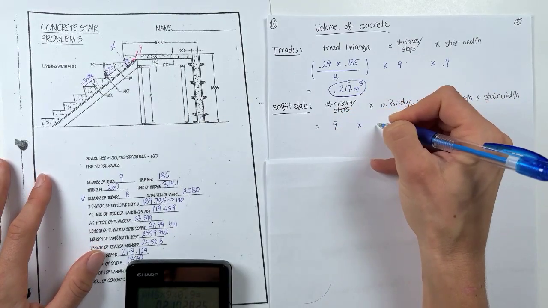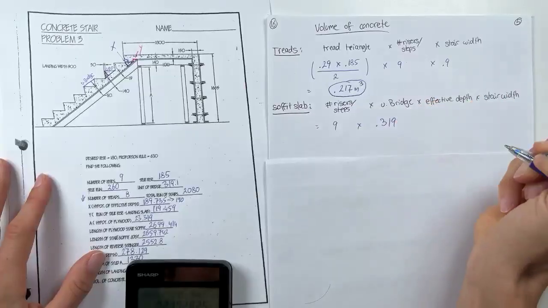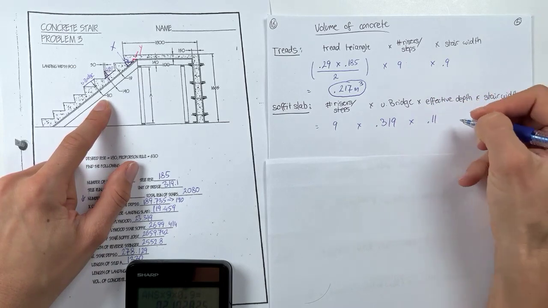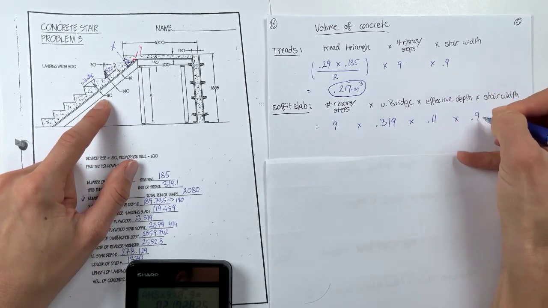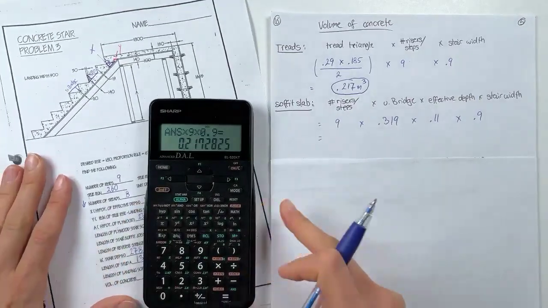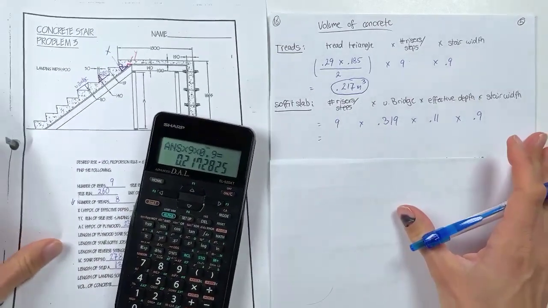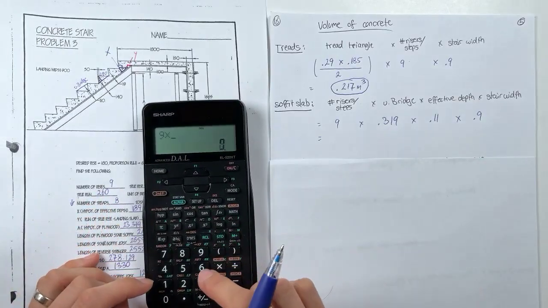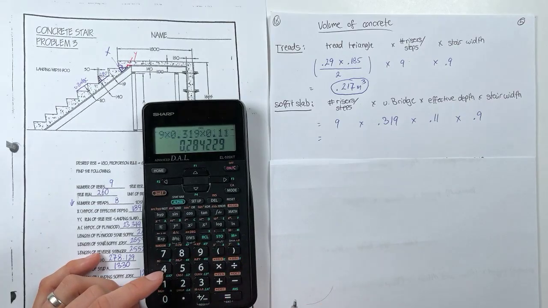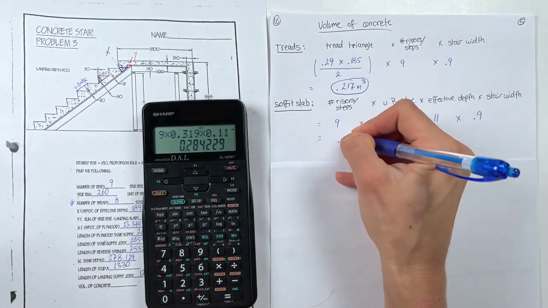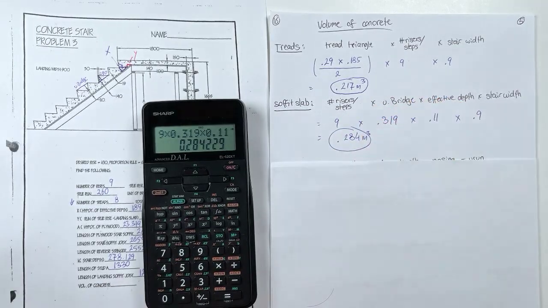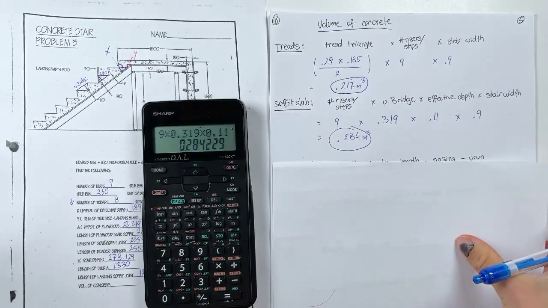Our unit of bridge, 0.319, times the effective depth, 110, so 0.11, times our stair width of 0.9. So 9 times 0.319 times 0.11 times 0.9. 0.284 cubic meters. There we go. It's not very much.